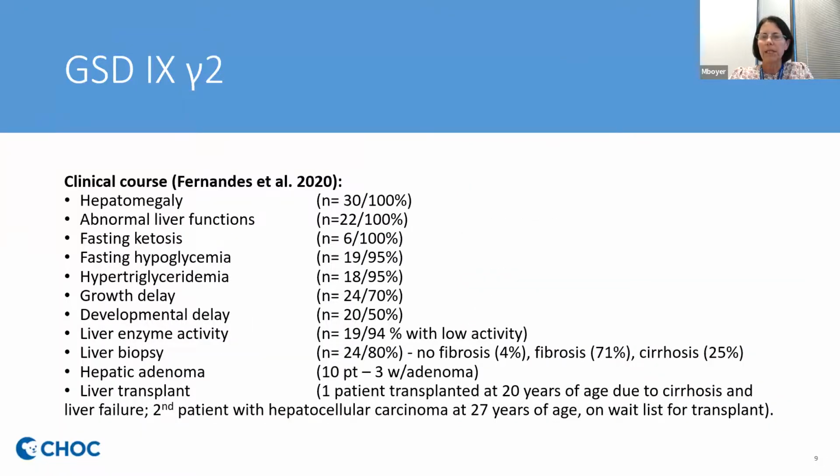All patients presented clinically with hepatomegaly. Liver functions were available for 22 patients and were all abnormal. Liver biopsy was performed in 24 patients, and 23 out of 24 patients displayed either fibrosis or cirrhosis.